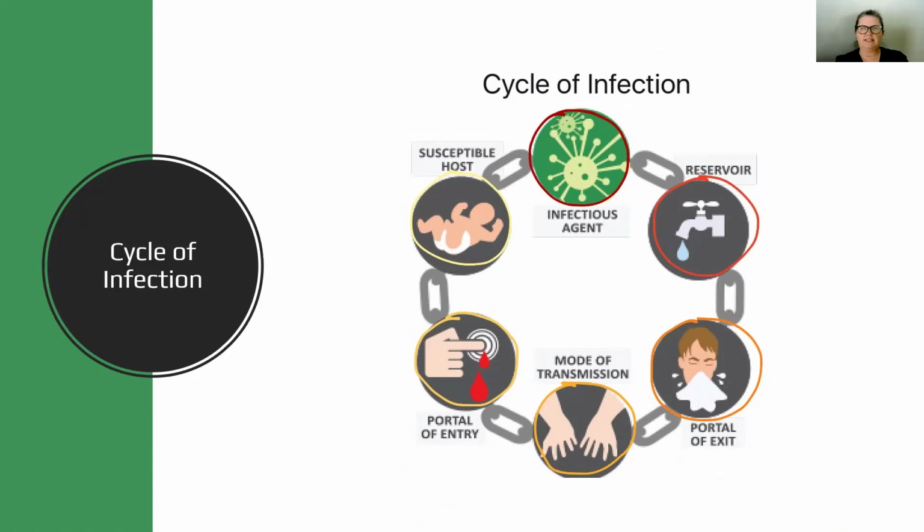But the exit itself is where that comes from. So does it come from the nose, the mouth, the eyes, possibly? Did it come out of the mouth onto the hands? Okay. Either way, there has to be some way for that infectious agent to leave that host for it to become now a more serious issue.